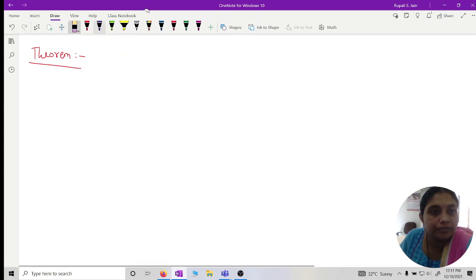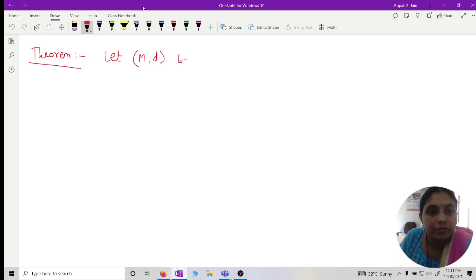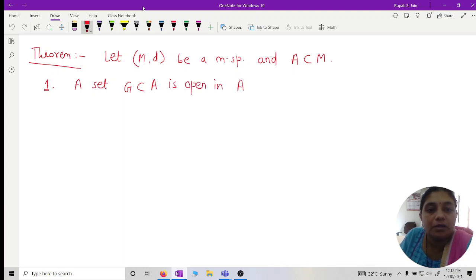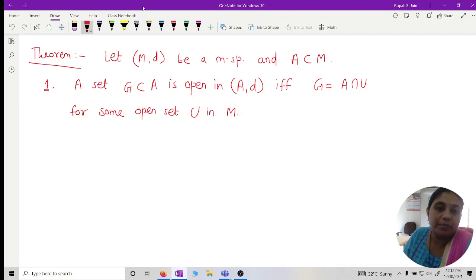First let (M, D) be a metric space, and A a subset of M. Then first, a set G contained in A is open in (A, D), open in the relative metric space (A, D), if and only if G is equal to A intersection U for some open set U in the original metric space (M, D).